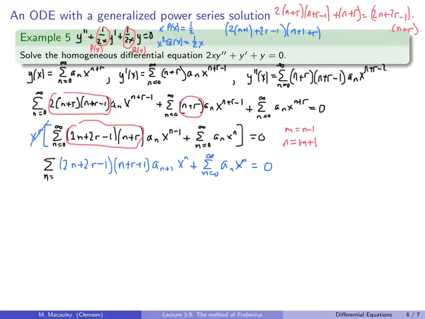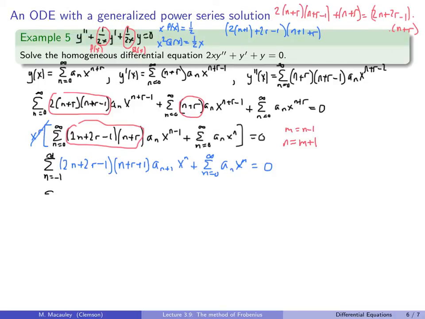So let's combine these things. Oh, I forgot my sum. So we're starting at n equals negative 1 to infinity. n equals 0 is the same thing as m being n minus 1, which is 0 minus 1. So as before we had to shift it by negative 2, now we shift it just by 1.